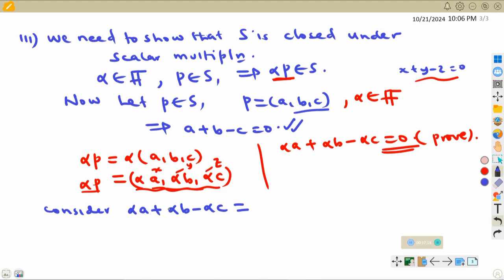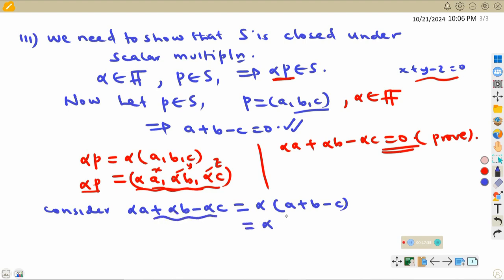So if I have alpha A plus alpha B minus alpha C, when I substitute for the X, Y, and Z coordinates in the condition given, then what will I have? This is the same as alpha times (A plus B minus C), when I pull out alpha because it is a common factor.